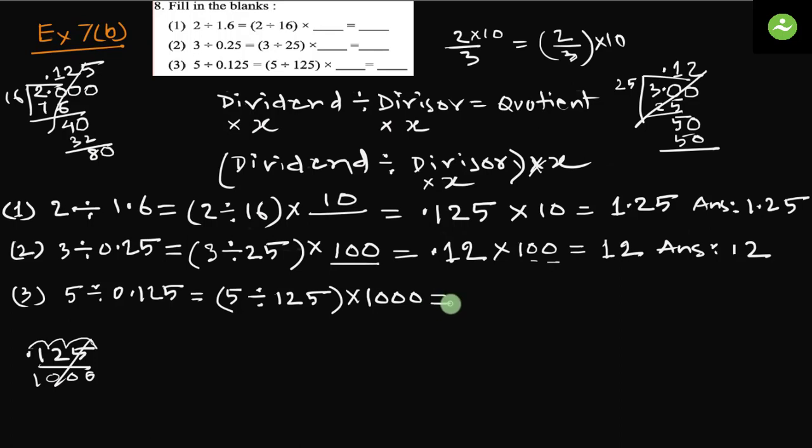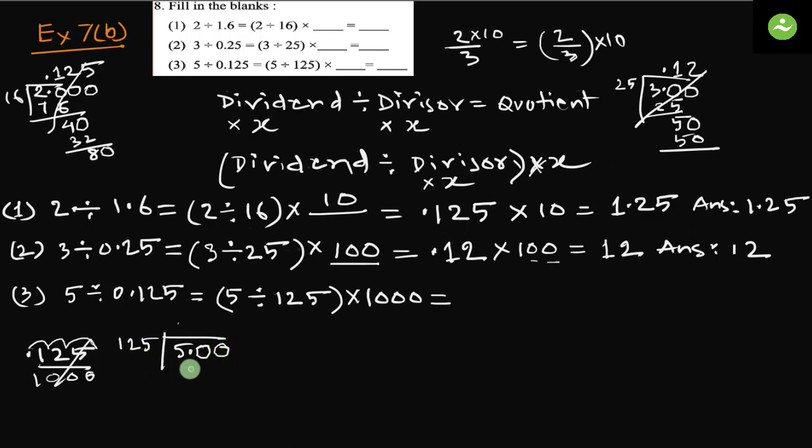equals, now what is the result or quotient of this division? Divide 5 by 125. This is smaller than the divisor. Convert it to a decimal fraction. Okay. Now still smaller. Put another 0. It doesn't make any change.